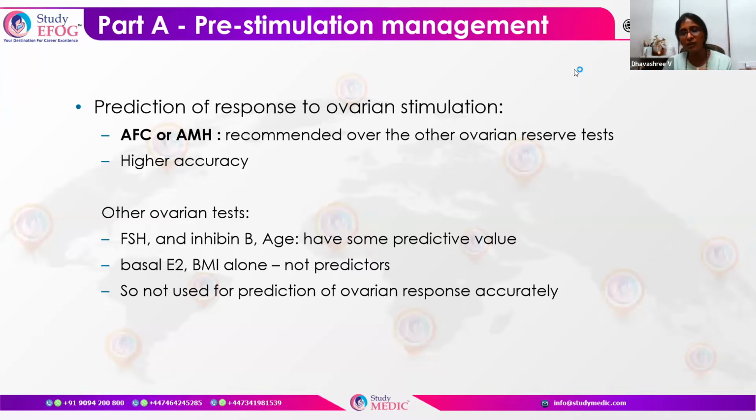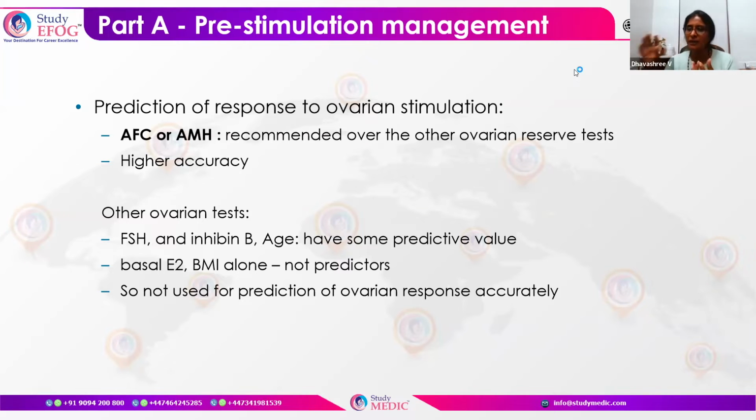Antral follicle count is the count of small follicles seen on day 2 of the cycle, usually 3 to 9 mm follicles in each ovary. AMH is the anti-Mullerian hormone, which is secreted by the preantral and antral follicles, and they represent the reserve.